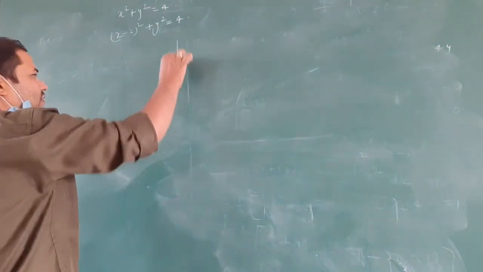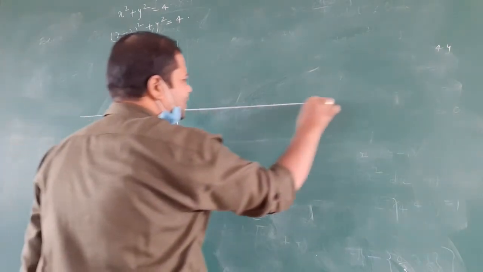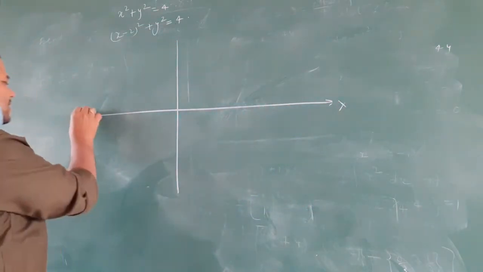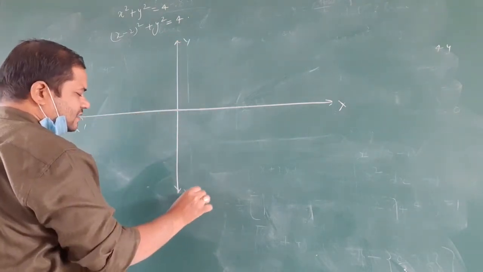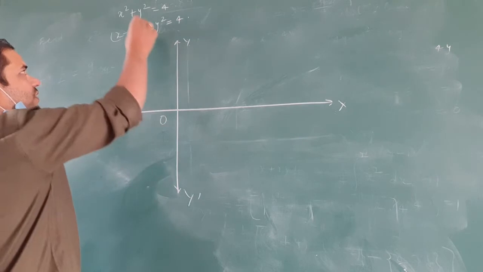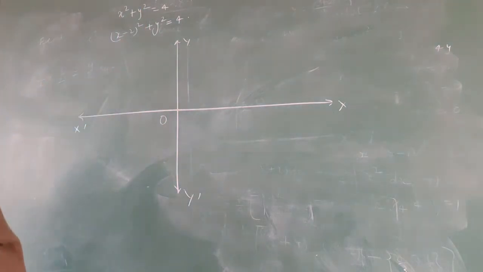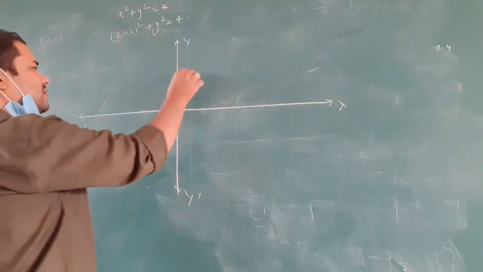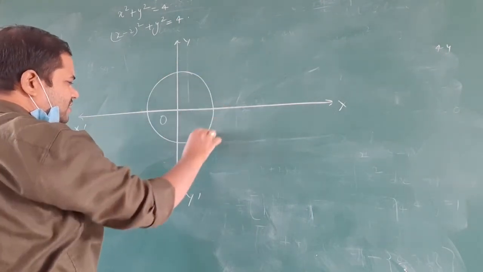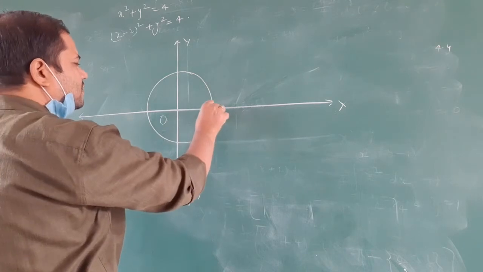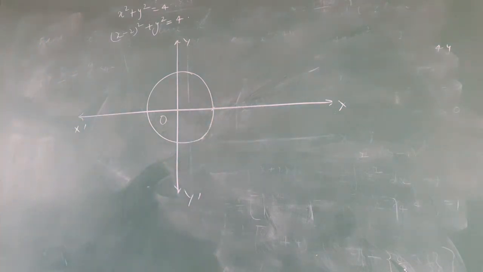So first of all we draw the circles, x dash, y dash, origin. The first circle is x square plus y square, whose center is origin. So this is the first circle, and the second one is the circle whose center is 2, 0.